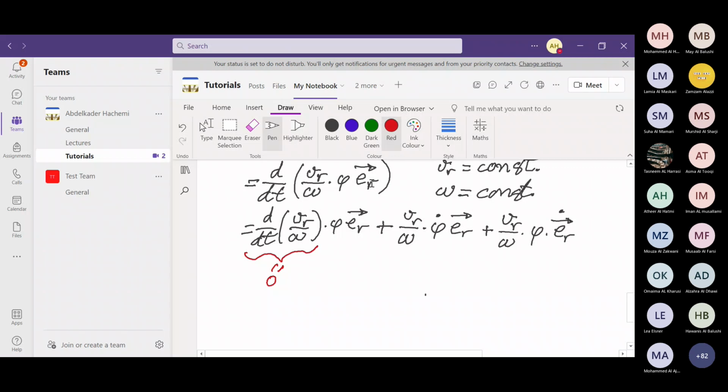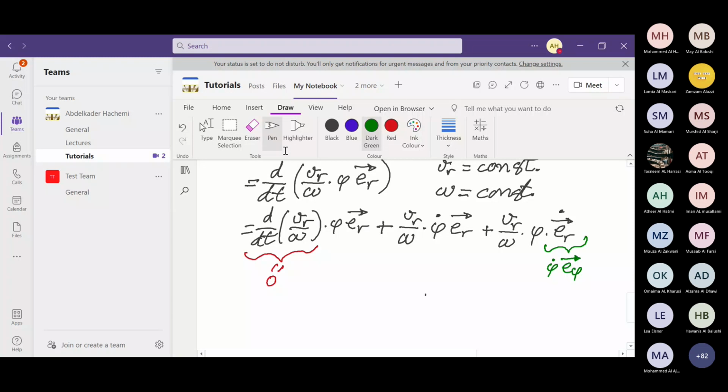We know from the lecture that this term ER dot is only phi dot multiplied by E phi. If you look at the slides, as I said, you have ER dot as it is changing with time. Whether it is a rigid body or a particle, it's moving, and if it moves, then it means it's time dependent.